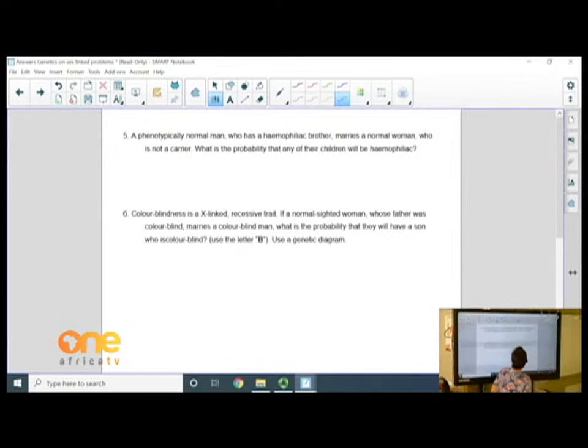Now, okay, right. A phenotypically normal man who has a hemophilic brother marries a normal woman who is not a carrier. What is the probability that any of their children will be hemophilic? Now, a man can only be either a sick hemophilic or a healthy person.